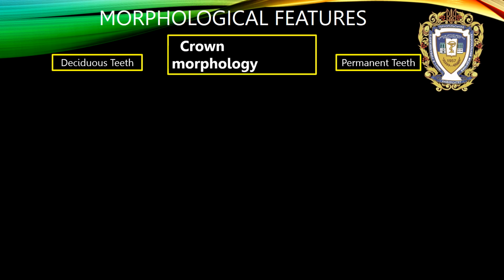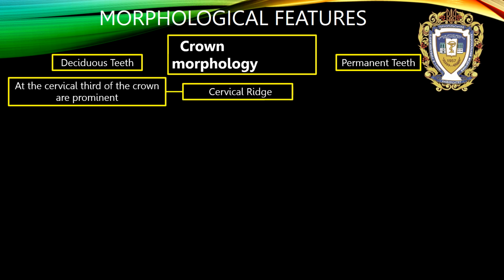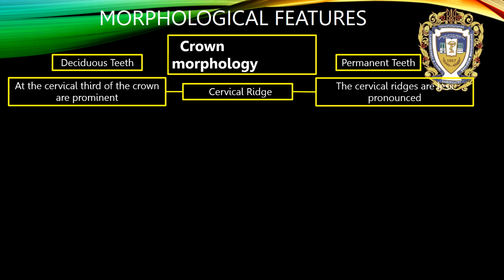The next characteristic of crown morphology is the cervical ridge. In the cervical third of the crown, the cervical ridges of temporary teeth are prominent. In permanent teeth the cervical ridges are less prominent.